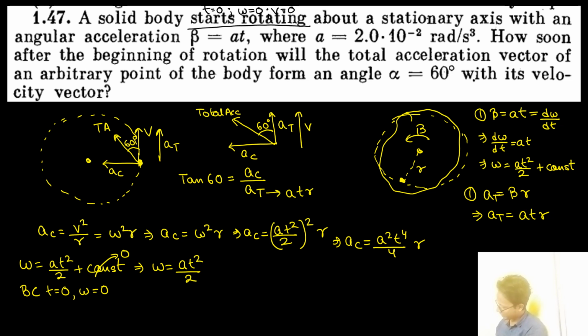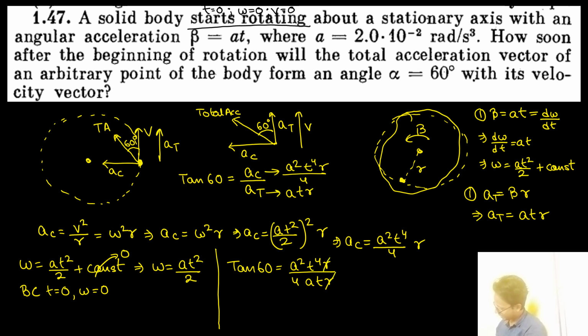If I substitute this value of a c out here, what do I get? A square t to the power 4 r divided by 4. Now let me write it as tan 60 is equal to a square t to the power 4 r by 4, and tangential acceleration is equal to a t r.